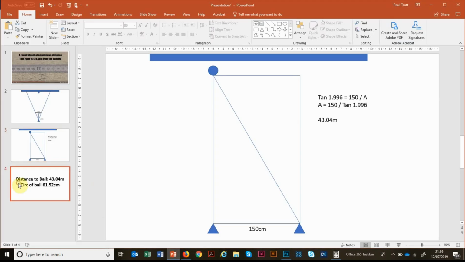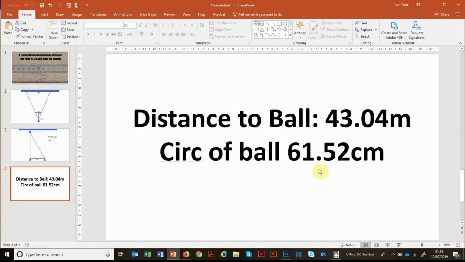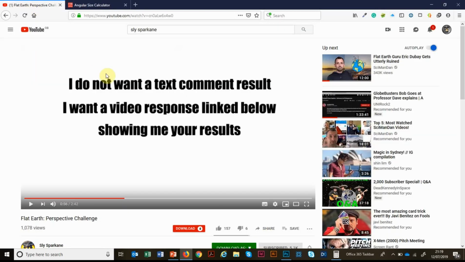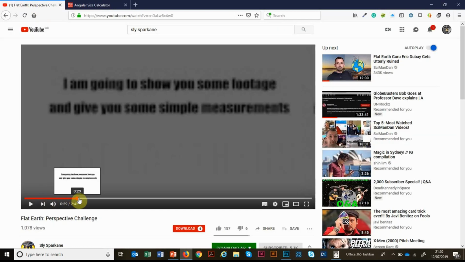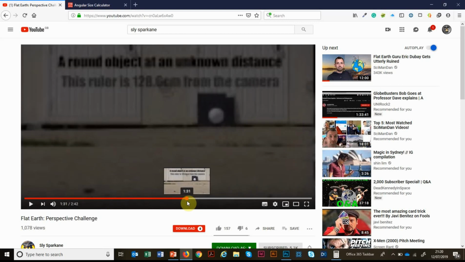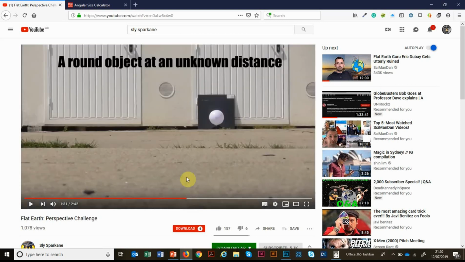But I think I'm not going to go any further with that. I think that's enough. And just to sense check it, if the ball is 20 centimeters in diameter, let's go back to the video here. So if that's 20 centimeters in diameter, then there's obviously a door frame behind it.